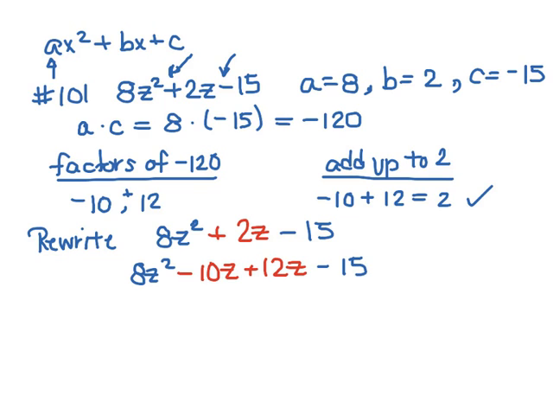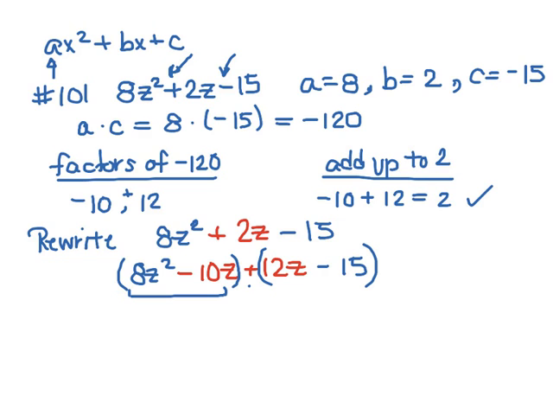So now I've got 4 terms. So what should I think? I should think grouping, right? So I'm going to group my first 2, group my last 2. I don't have to do anything because I have a positive between my 2 groups. And now I'm going to look to see, well, what can I factor out of the first group here?